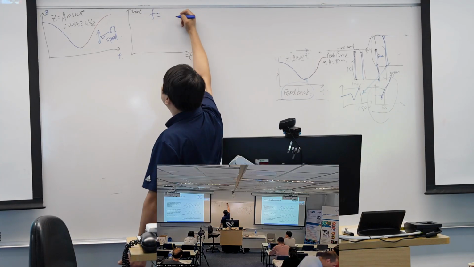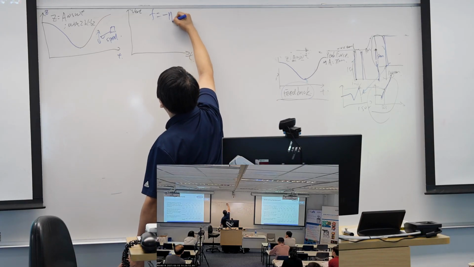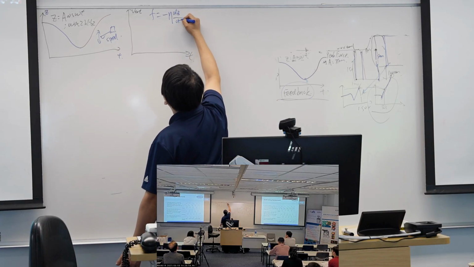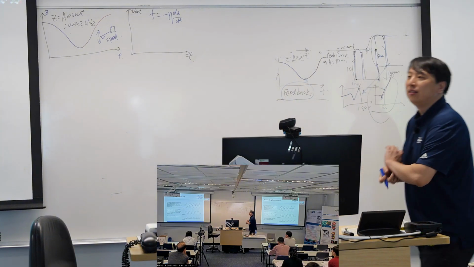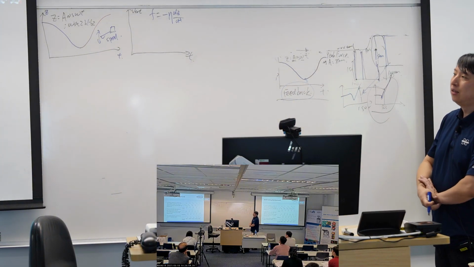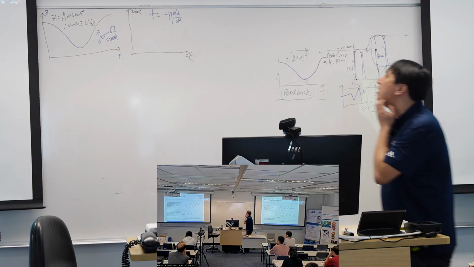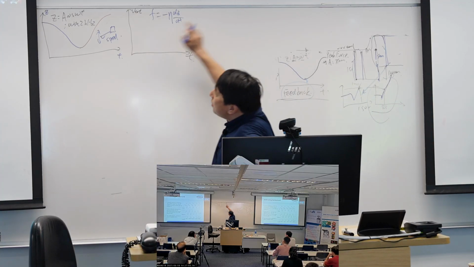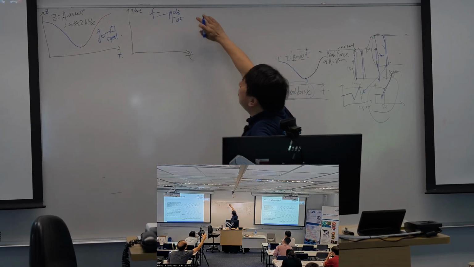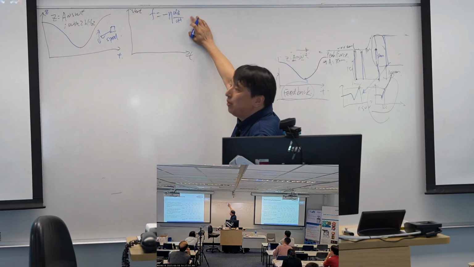The hydrodynamic force is usually eta dz over dt. It's just a kind of friction, so when the speed is large, the hydrodynamic force will be large.